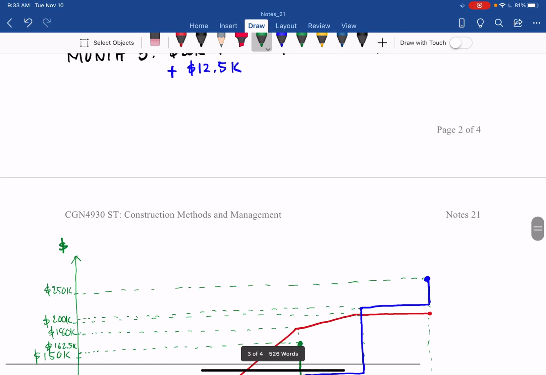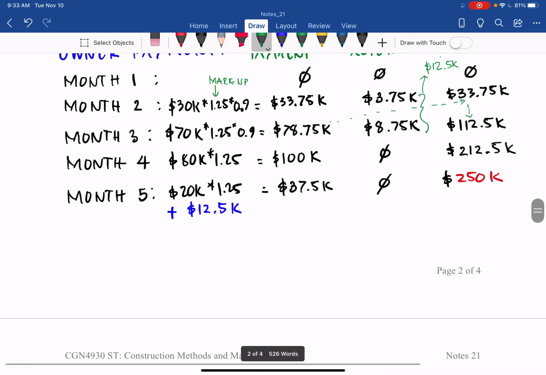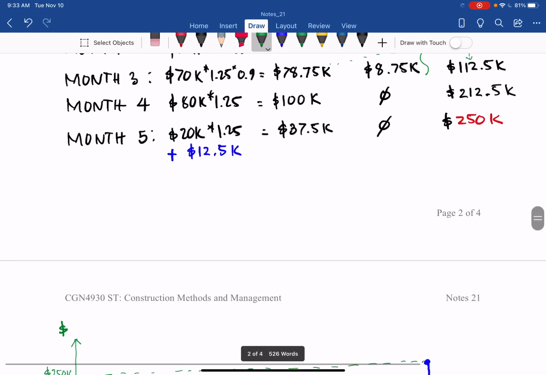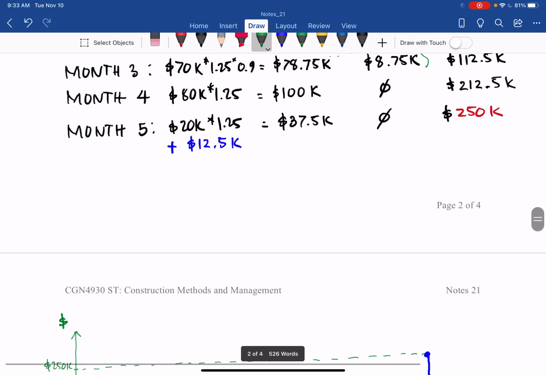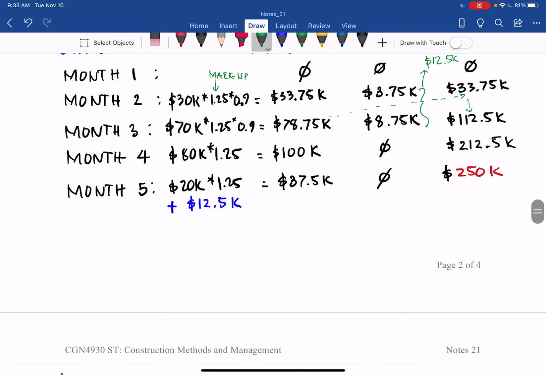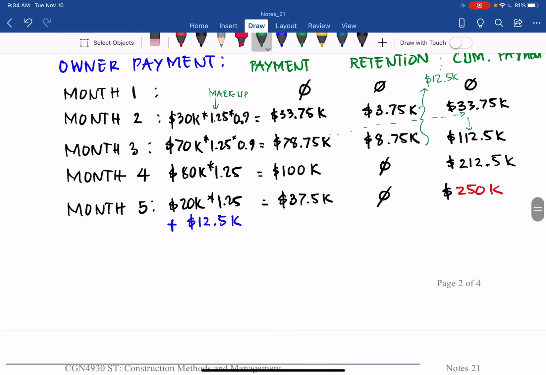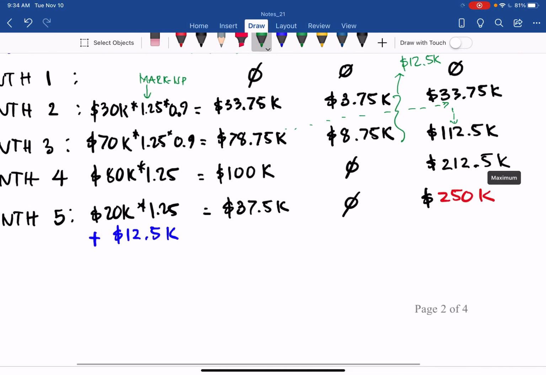And then the fourth month, it will be 162,500 plus 50,000, basically the 50,000 advance payment plus 212,500.